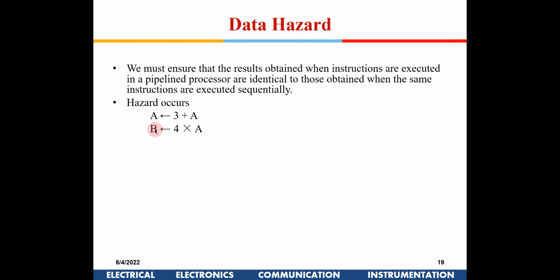Then the next instruction tells B to be updated with A into 4. There is a hazard here, because after the execution of this unit, only in the next cycle will this data be written into the A register. So meanwhile I cannot push B data here.